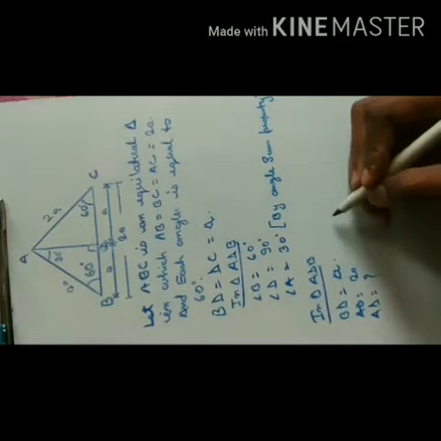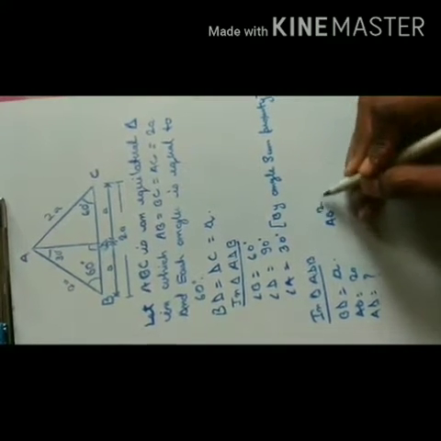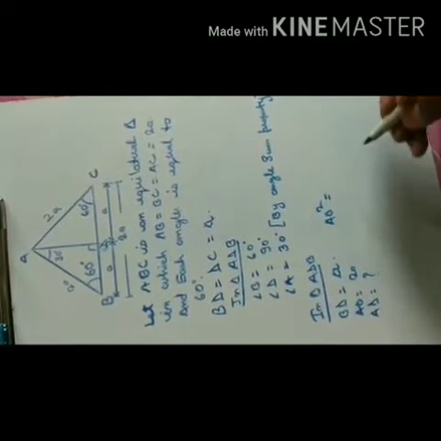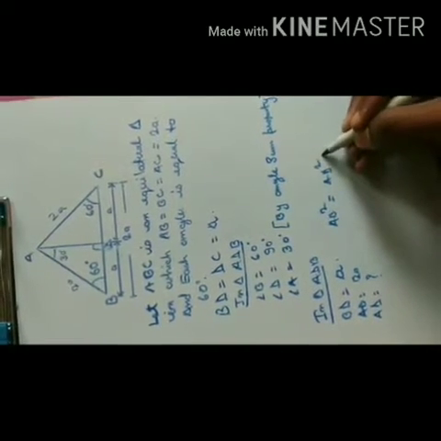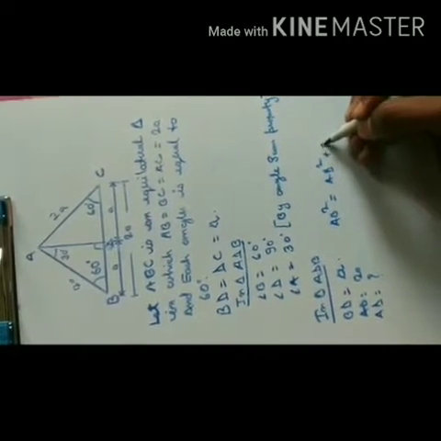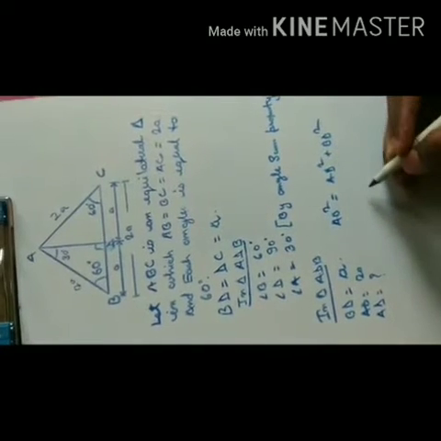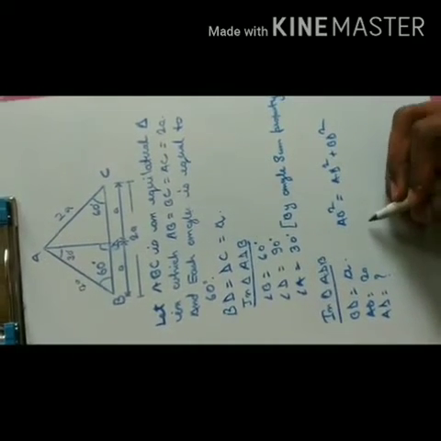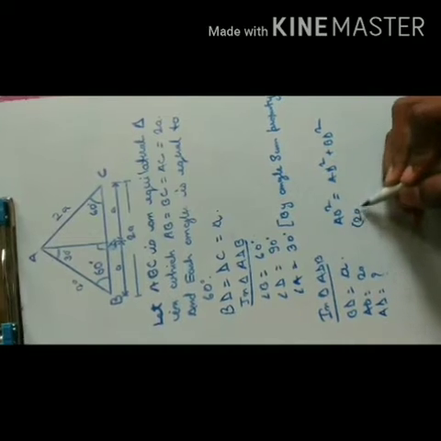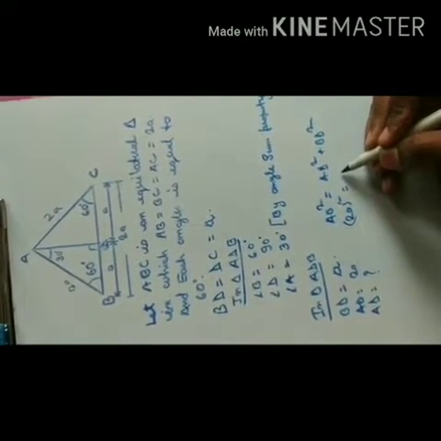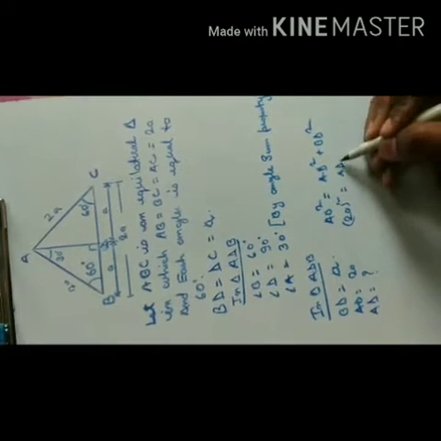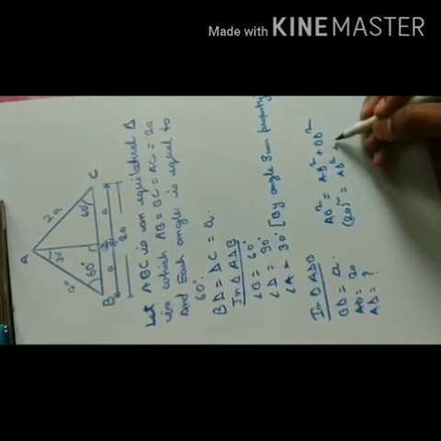AB square equal to AD square plus BD square. Now putting the value AB equal to 2A, 4A square equal to AD square plus A square.